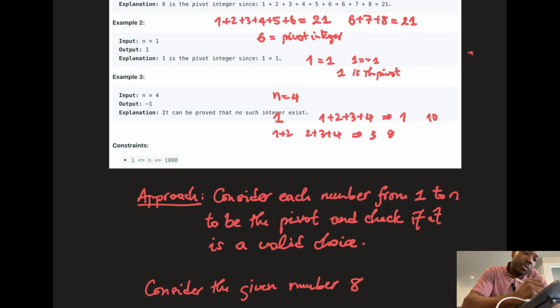They are not equal. If we try 3 as the pivot, we have 1 plus 2 plus 3, which is 6, and 3 plus 4, which is 7. And if we try 4, this gives us 10 and 4. So we can easily see that the numbers are not equal, so the pivot is -1.